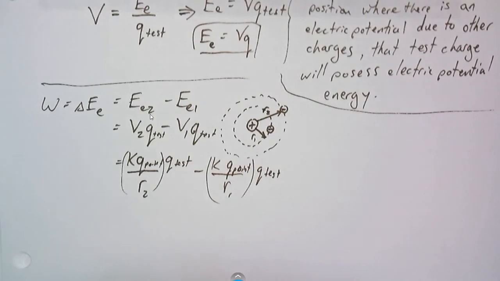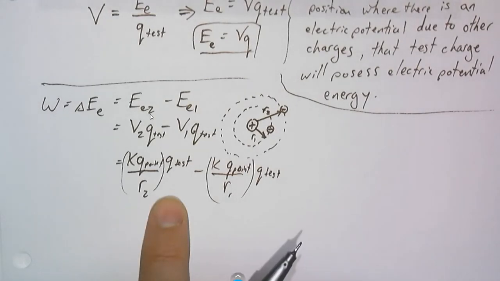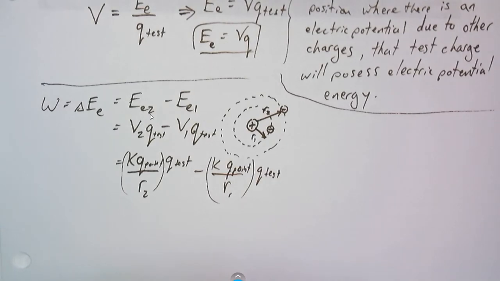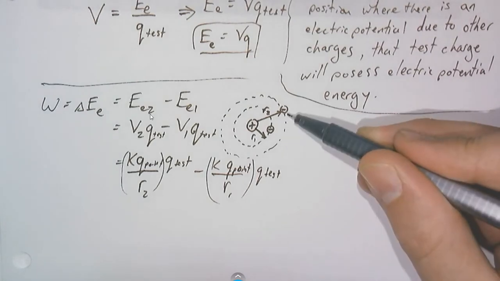And that would be the difference in electric potentials times the test charge, giving us the difference in electric potential energy. In other words, that's how much work it would take for us to move that negative charge to the next contour.